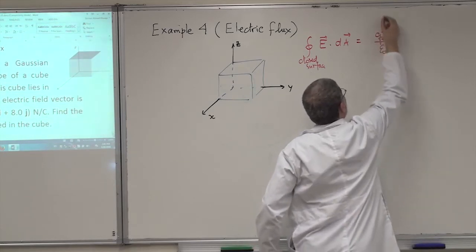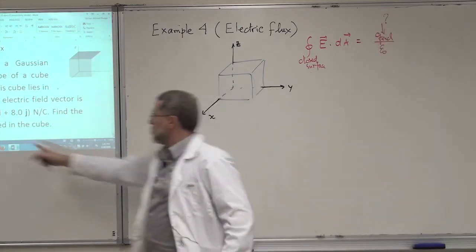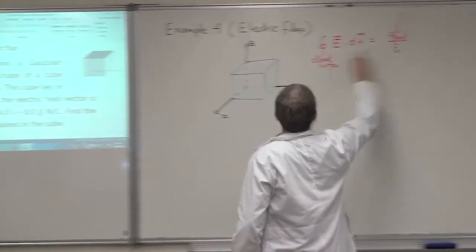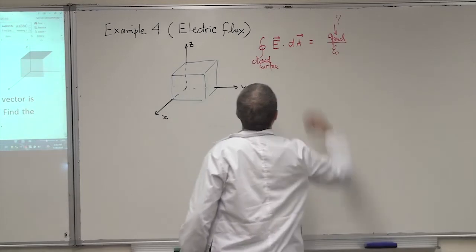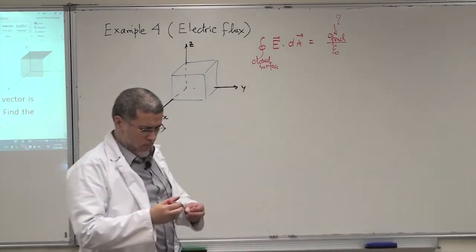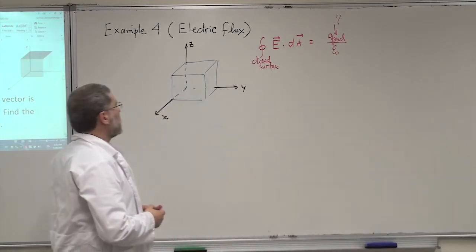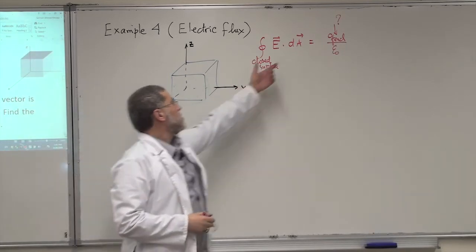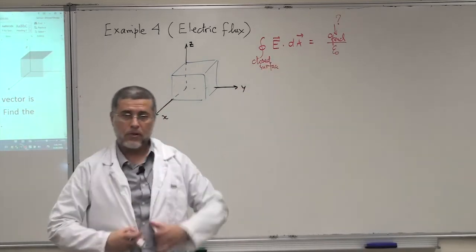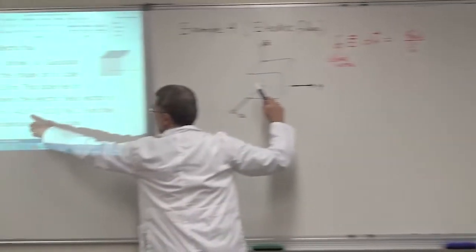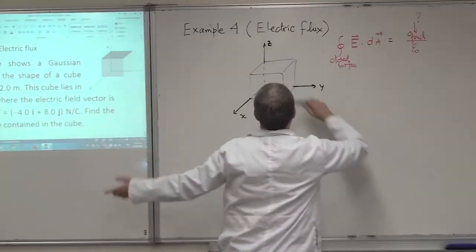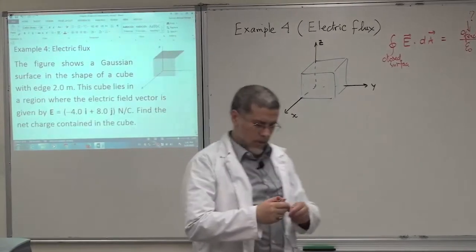So he's looking for the charge contained in the cube. What is the charge inside the cube, which is going to produce the flux? So now I have 6 faces, so I'm going to do the integration 6 times, okay? But I'm lucky because the electric field is uniform and the area is easy to find.